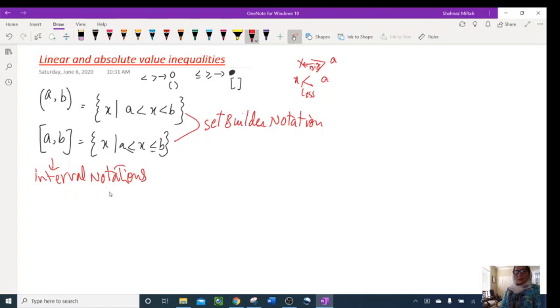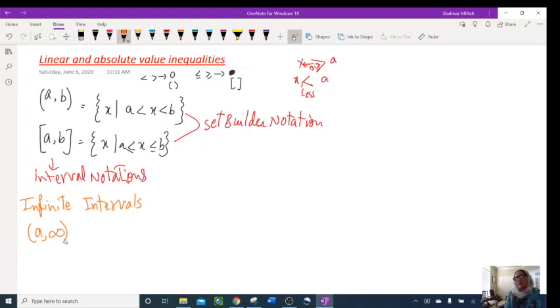Okay, let's see what else we know. Now, if you have infinite intervals, meaning you have infinity there, I'll also show you infinite set builder notation. Infinite intervals are going to go something like this. If I have a and infinity, infinity is always going to have these parentheses no matter what.